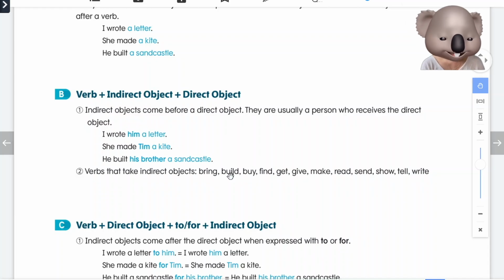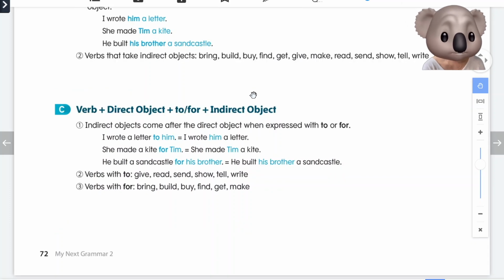These are the verbs that take indirect objects. Bring, build, buy, find, get, give, make, read, send, show, tell, and write. We can also use to, 누구에게, 또는 for, 누구 위해서. For example, I wrote a letter. 누구한테? To him. I wrote him a letter. 또는 she made a kite. 누구 위해서?